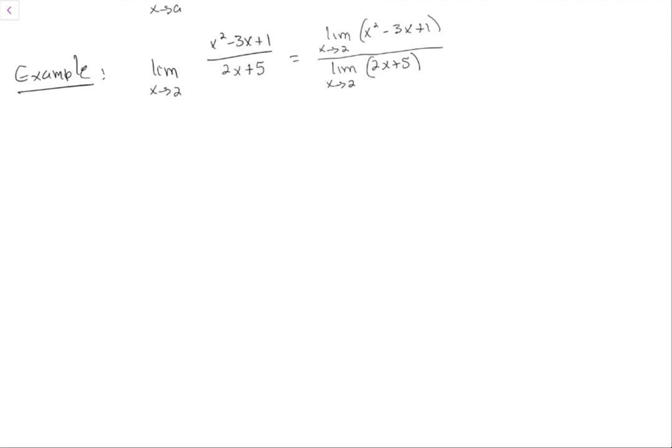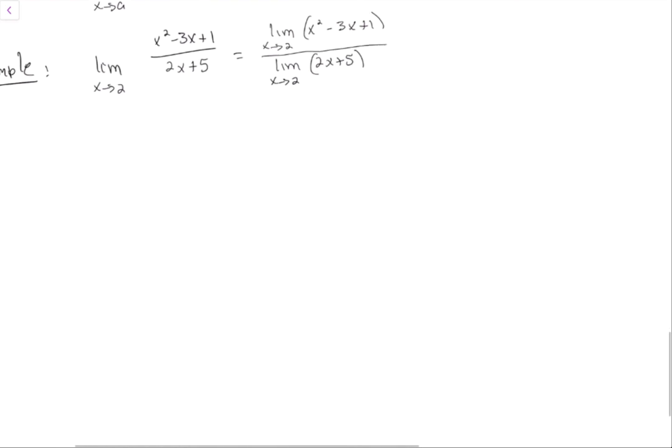And then now let's look at the numerator itself, and I'm going to take the limit of a sum or difference as the sum or difference of the limits. So in the numerator, I'm going to write this, and I'm going to run out of digital paper pretty quick, so I'm going to jump down to this line. The numerator I'm going to write as the limit of x squared minus the limit of 3x and then plus the limit of 1.